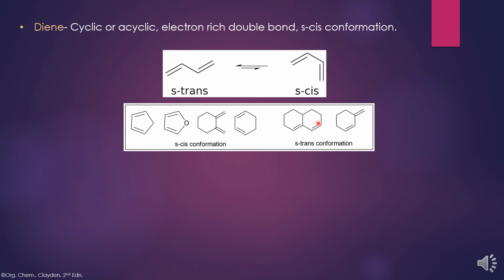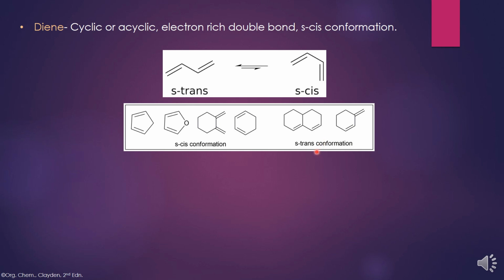And when it comes to these two examples, we can see an S-trans conformation because the double bonds with respect to this sigma bond are trans to each other. Here also these two double bonds with respect to this single bond are trans to each other, so this is also S-trans conformation.